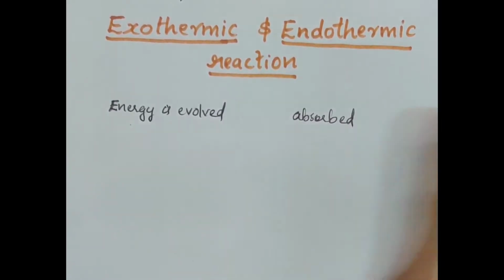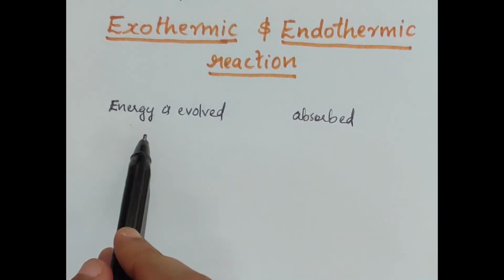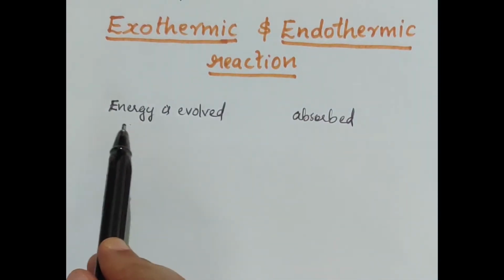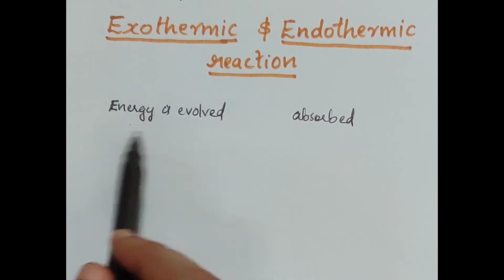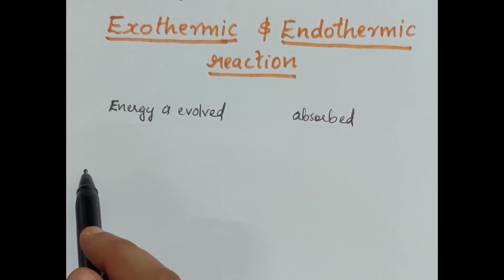And what is the value of delta H? Evolution of heat results in a decrease in the enthalpy of a system at constant pressure.